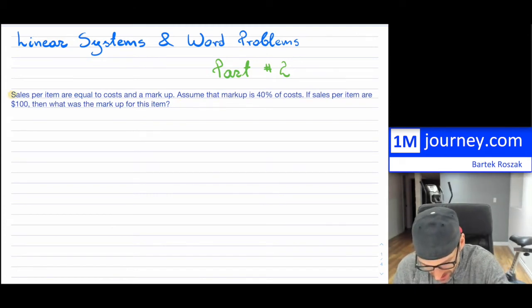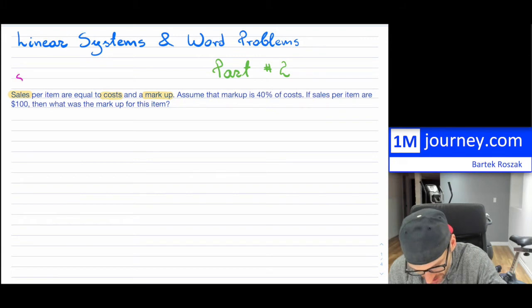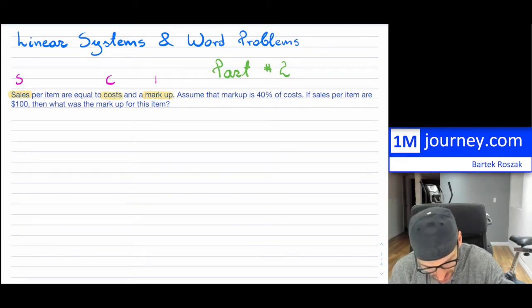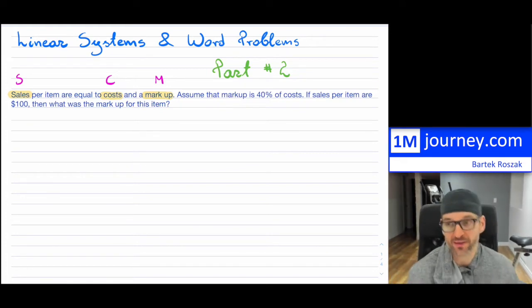It says that sales, now it says per item, so I'm going to assume everything is per item, is equal to costs and a markup. I'm going to write that down for myself. I have sales. Now let's say costs, I'm going to say C, and then markup is M. Now they give us what the sales are, so it's not going to be S at all.